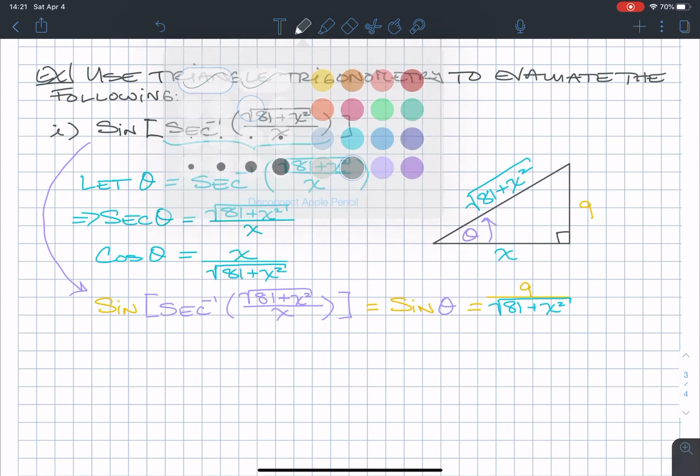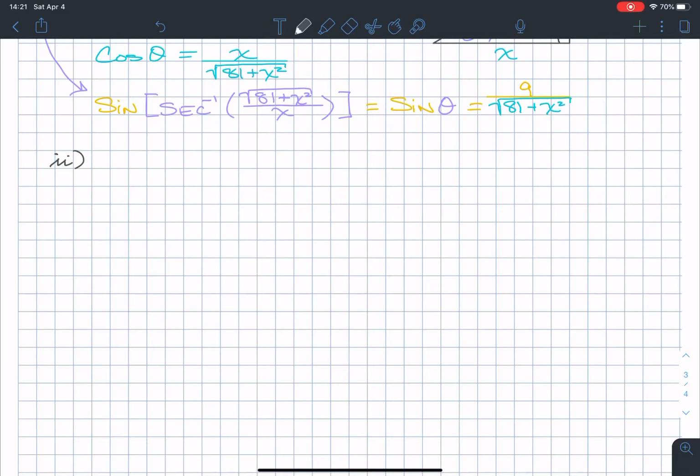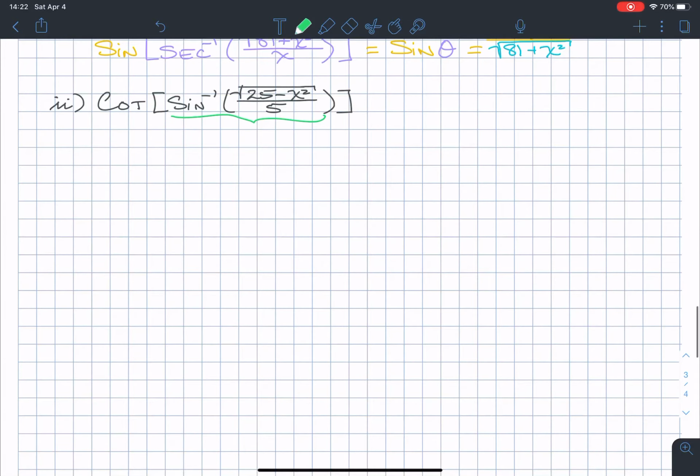Let's do another one. Okay, so number 2. Let's evaluate cotangent of inverse sine of the square root of 25 minus x squared all over 5. Okay, so once again, I'm always going to let my angle theta be the inverse function.